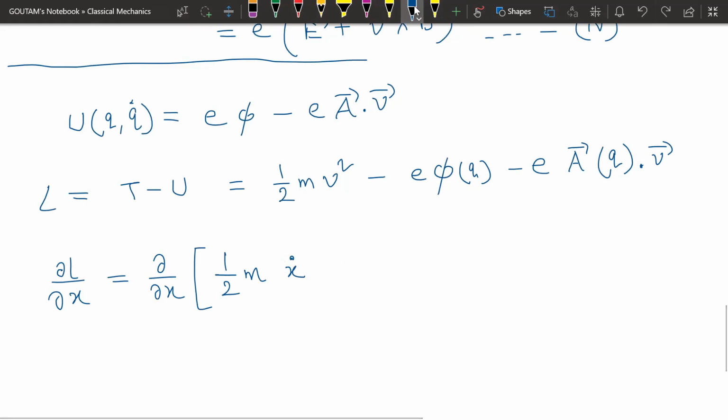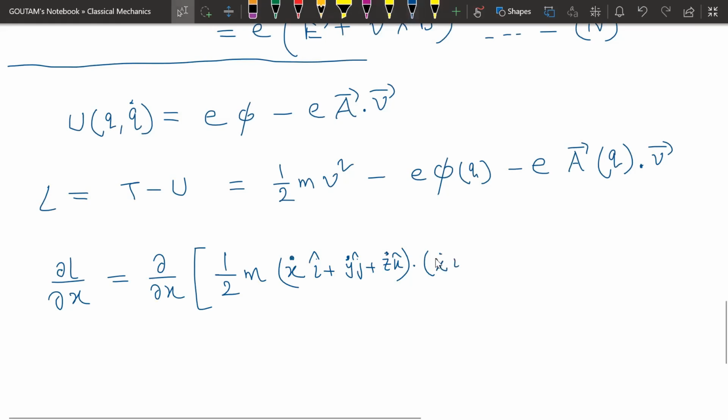v means x dot i hat plus y dot j hat plus z dot k hat, dot product with itself. Here the dot means derivative, dx/dt, which is the x component of velocity; we can call it vx also.